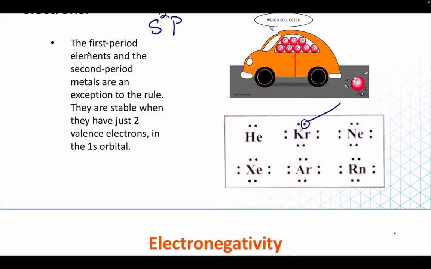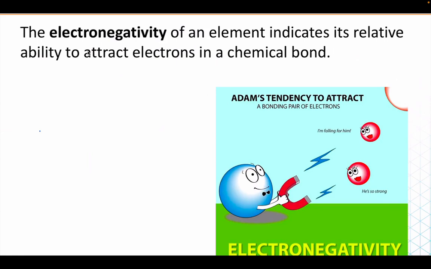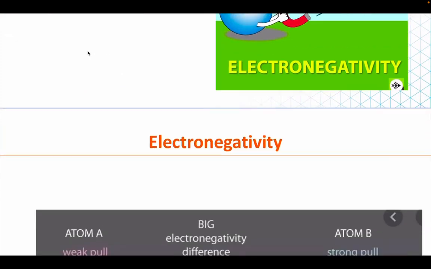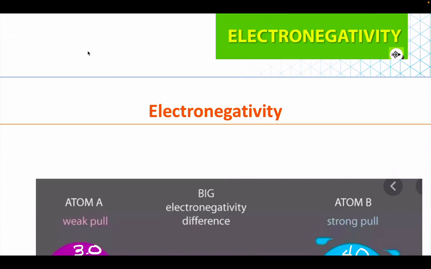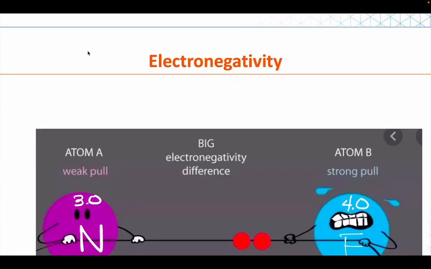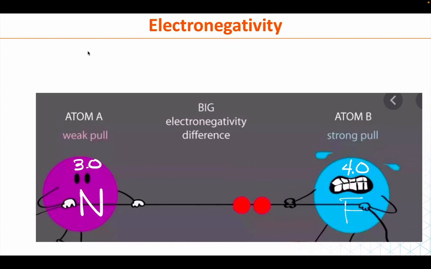Electronegativity has the same trend as ionization energy, but it has a different meaning. It's about the electrons that are in a bond between 2 elements, and what kind of ability the elements have to attract the electrons. So on your periodic table, electronegativity is on the bottom right of every element.